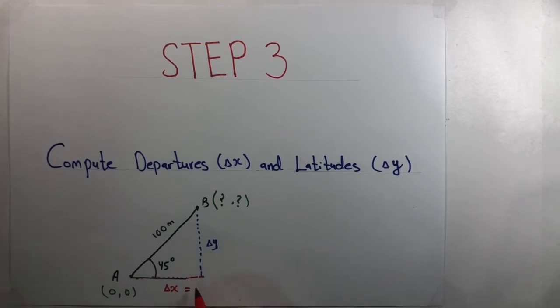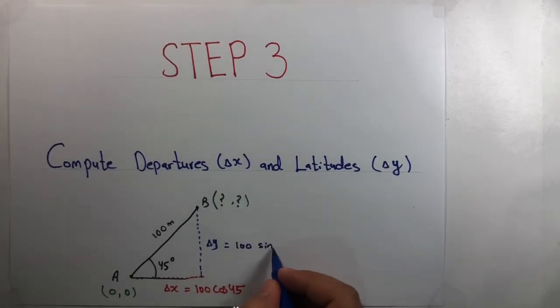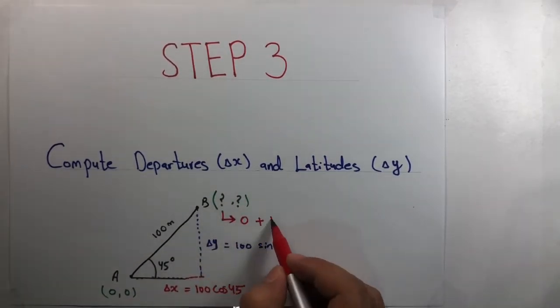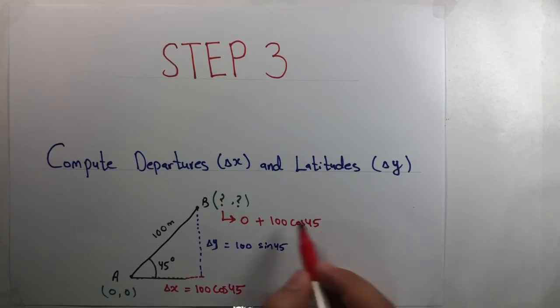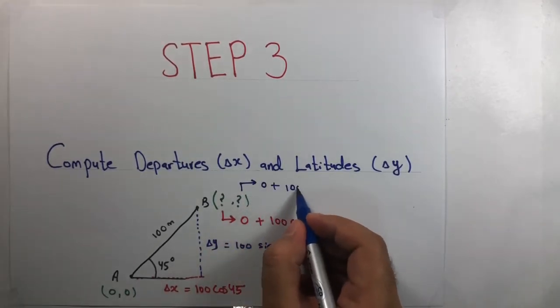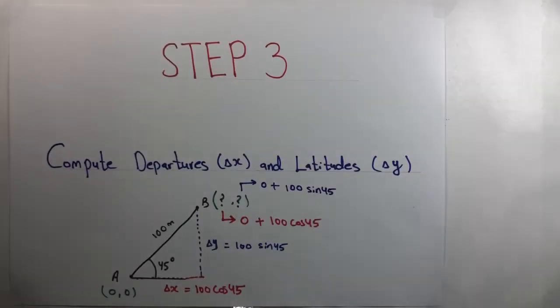Delta x is equal to 100 cosine 45, and delta y is equal to 100 sine 45. Then when we go to the new coordinates, for the x it will be 0, the one from here, plus 100 cosine 45, and for the y, 0 plus 100 sine 45. Simply, this is going to be the procedure we are going to follow.